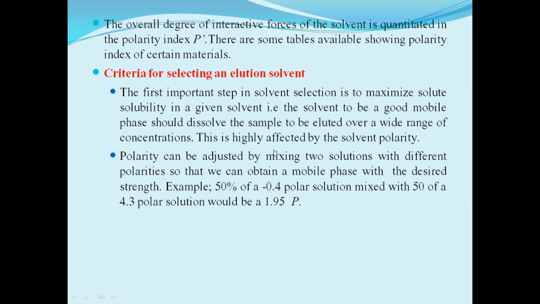This is highly affected by the solvent polarity. Polarity can be adjusted by mixing two solutions with different polarities so that we can obtain a mobile phase with the desired strength.